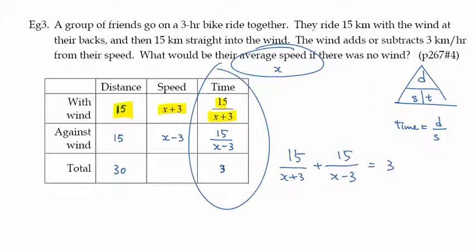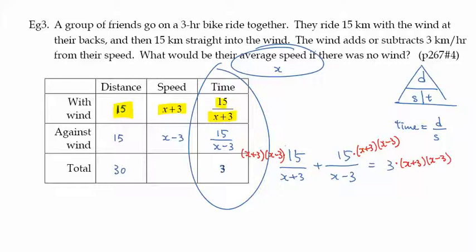And we can now solve this equation using the lowest common denominator. The denominator involves x plus 3 and x minus 3. Bring them together, that will be your LCD. Here, I'll multiply each term by x plus 3, x minus 3.